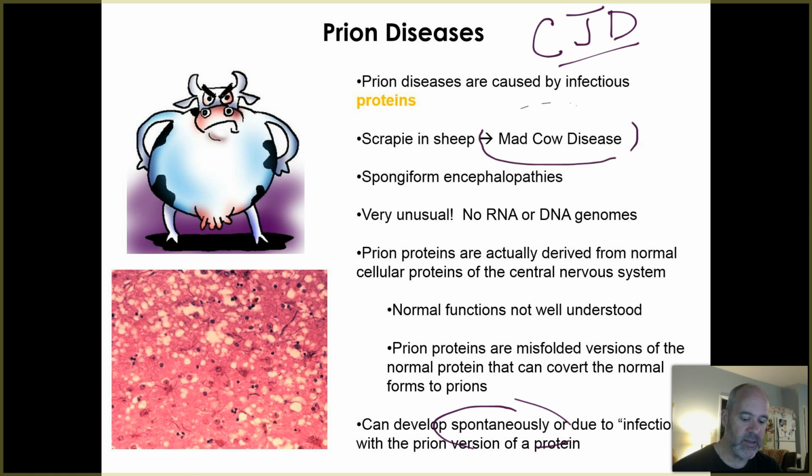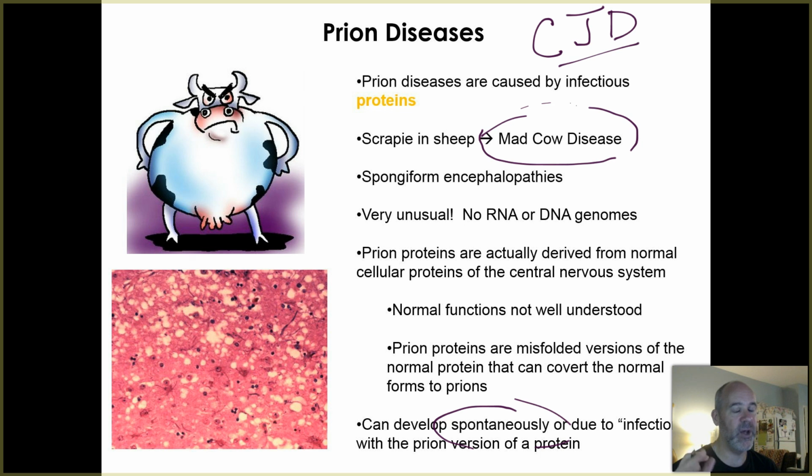Mad cow disease: the reason people can get that is because if you have cattle who have mad cow disease, they have these prions in their brain. And unfortunately, that can develop because cows at times are fed the body parts, including the brains, of other cows.